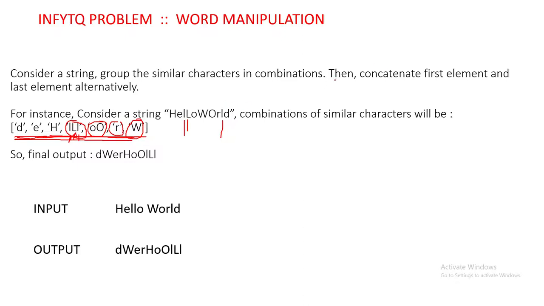So we get this idea in the next part of our problem statement. They have said that after making a list, concatenate the first element and the last element alternatively.